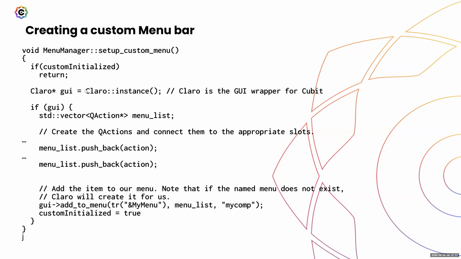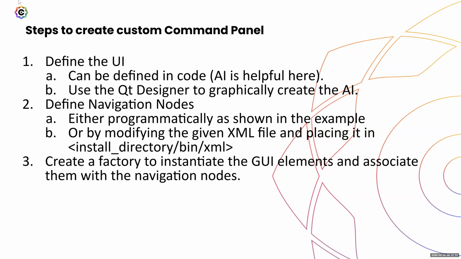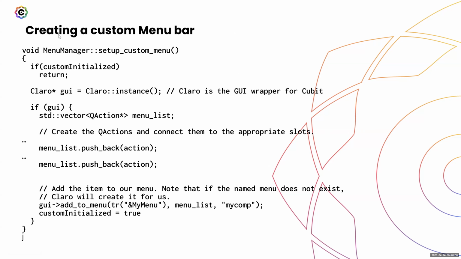The first thing we do is get the Claro instance. Claro is the GUI wrapper around all of Qubit. Twenty years ago, when we decided how to put a user interface on Qubit, we wanted the user interface and the core code to be separate.